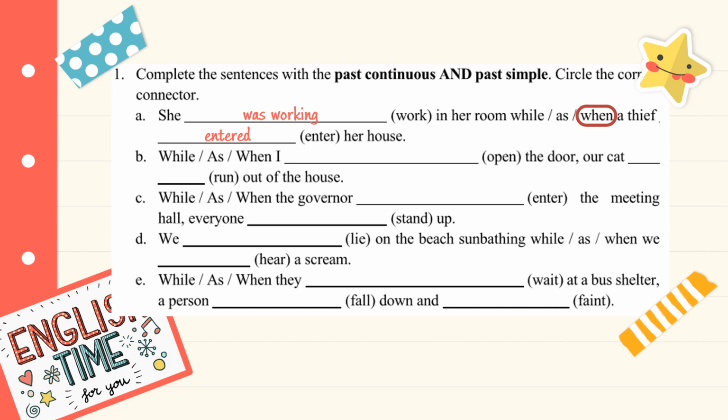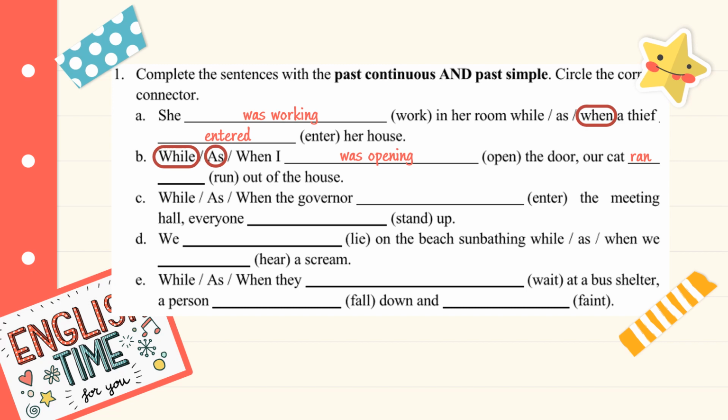And B, the connector is at the beginning of the sentence. So the answer must be while or as. Good. While or as I was opening the door, our cat ran out of the house. Good.